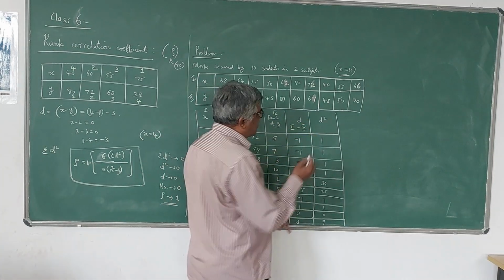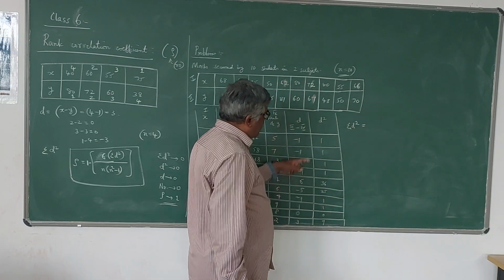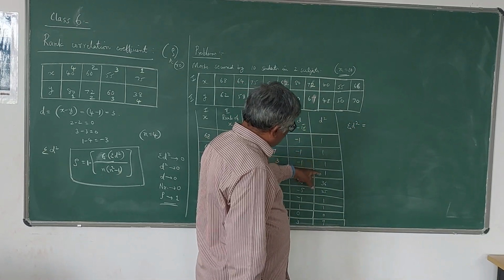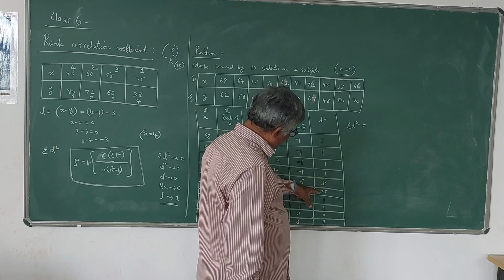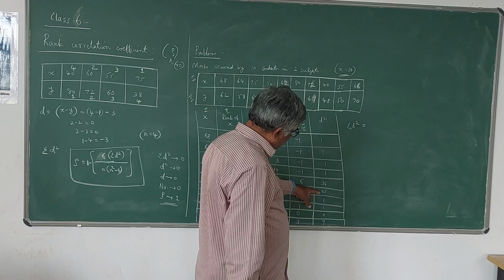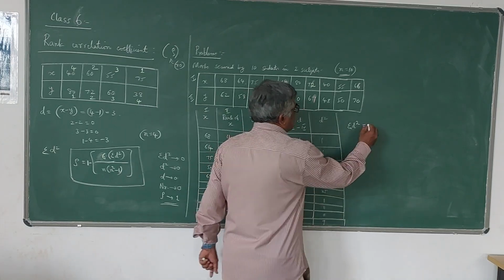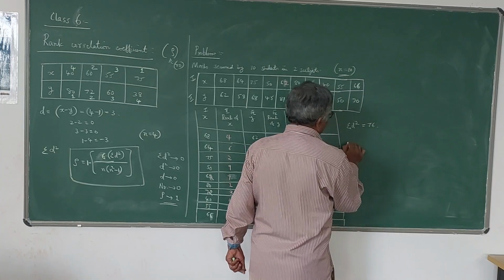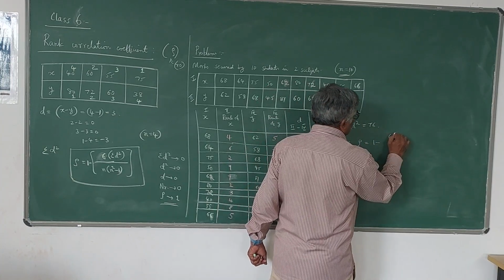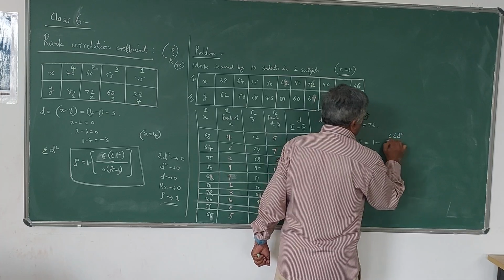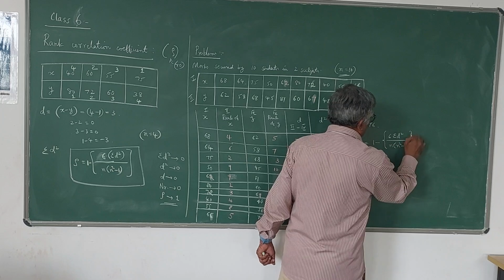Now we have to add these values to get sigma D square. So sigma D square will be 1 plus 1, 2, 3, 4. 4 plus 36, 40. 40 plus 25, 65. 65 plus 1, 66, 67, 76. So sigma D square is 76. Therefore, the rank correlation coefficient rho is equal to 1 minus 6 times sigma D square divided by n into n square minus 1. You have to remember this formula.